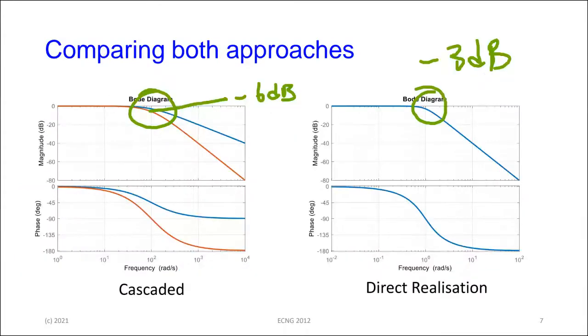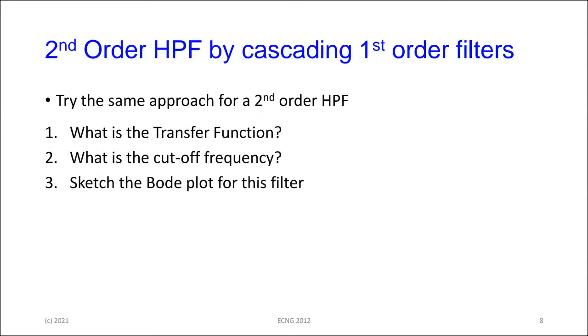All right, so what about the high pass approach then? I'll leave you to consider that, but the same approach for the high pass filter. So what will be the transfer function? You have to remember the transfer function for a single section high pass filter has an S on top, and it's S plus something.